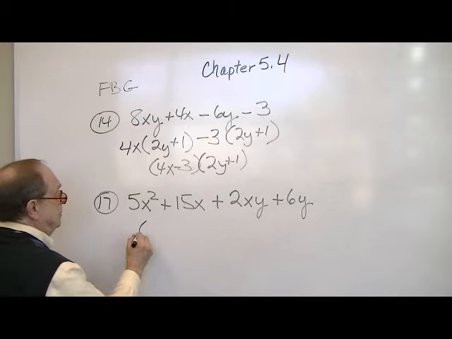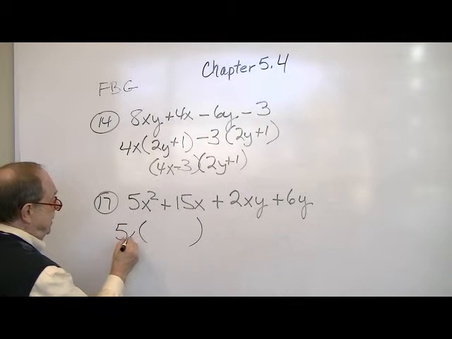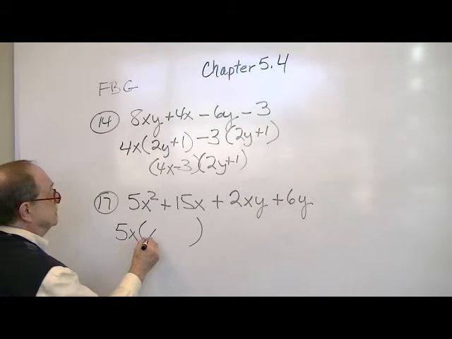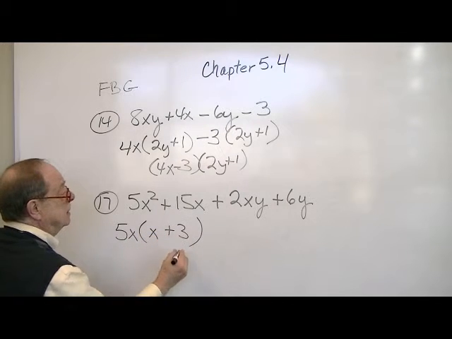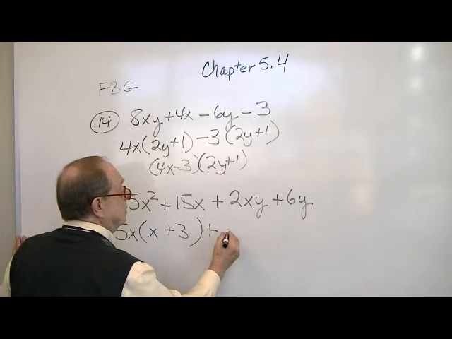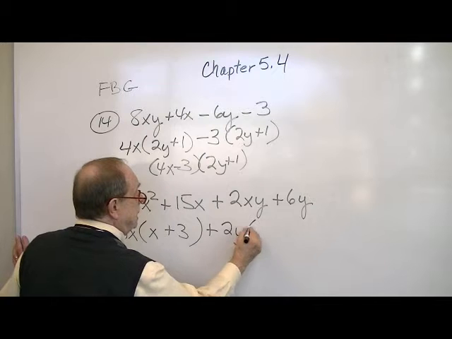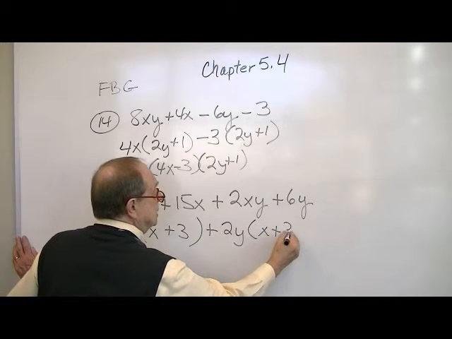And let's see what we have here. Well, we could take out a 5x. This gives us an x plus 3. And here we're going to take out a 2y and get an x plus 3.